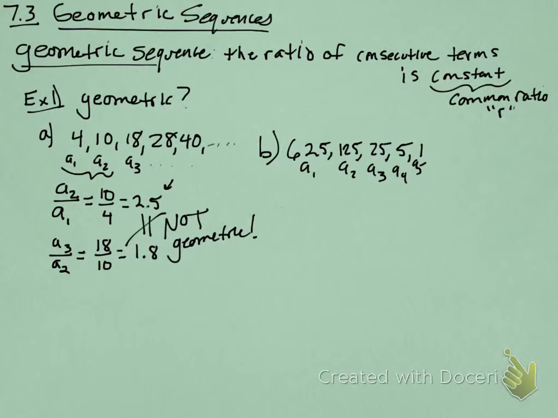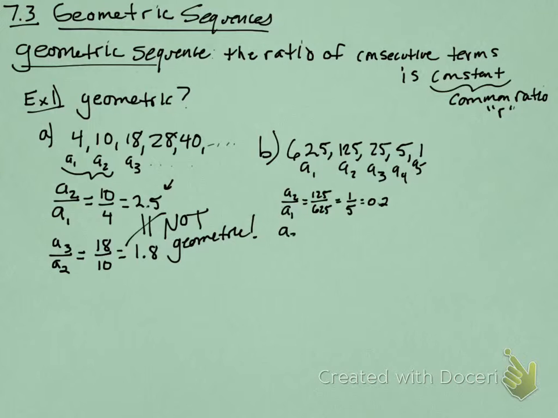Once again, we're going to look at the quotients or ratios of consecutive terms. Let's do a sub 2 over a1. That's going to be 125 over 625. If you reduce that, that's going to be 1/5 or 0.2 to start.